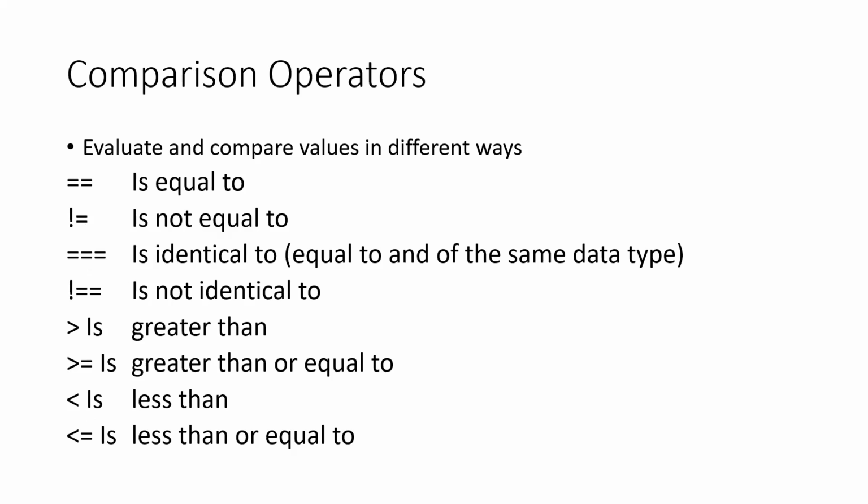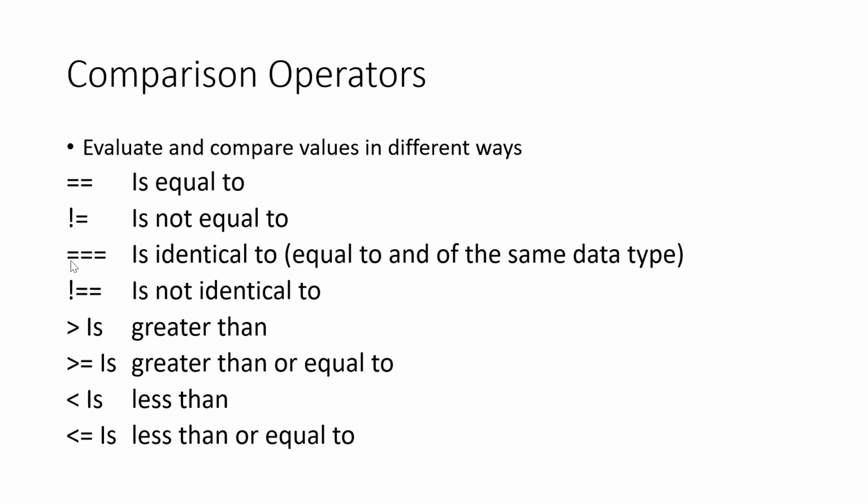Likewise, you can perform comparisons as well. You can check whether the two values are equal or not equal. But when you say equal, it looks at only the values, not the data types.